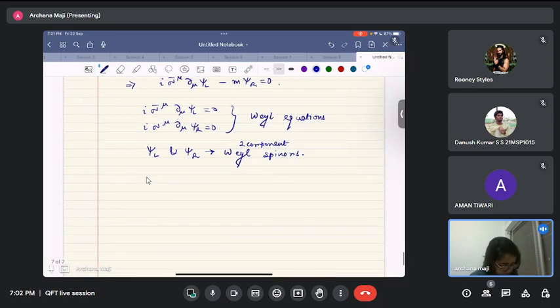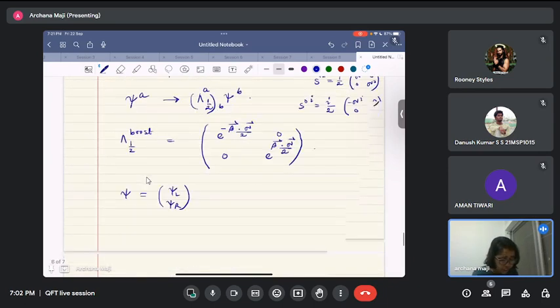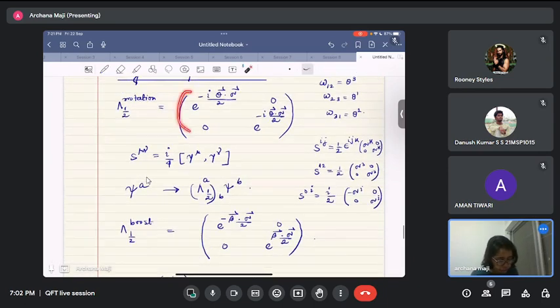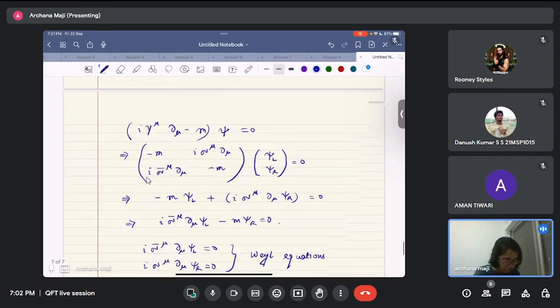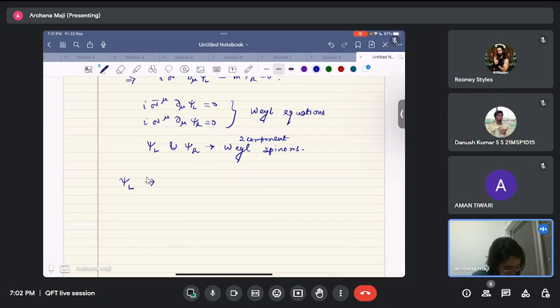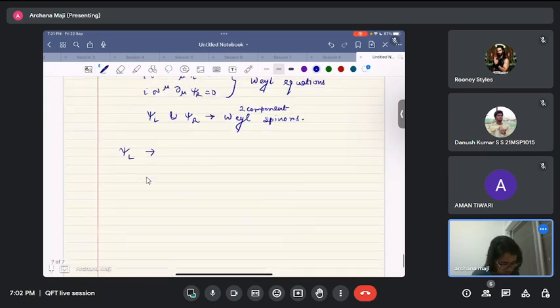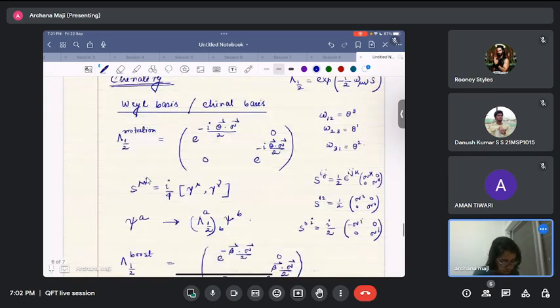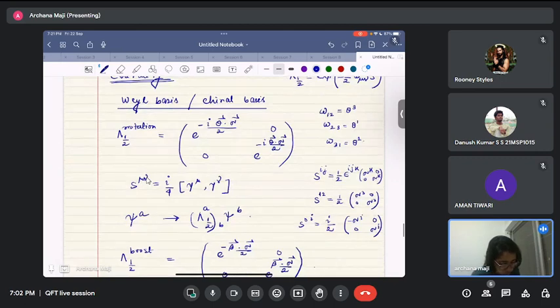And you also know how they transform under the Lorentz transformation. Because we had this particular form of the transformation matrices, we immediately know how they transform. The infinitesimal transformation would be, psi L would transform under this, and this for rotation and this for boost.